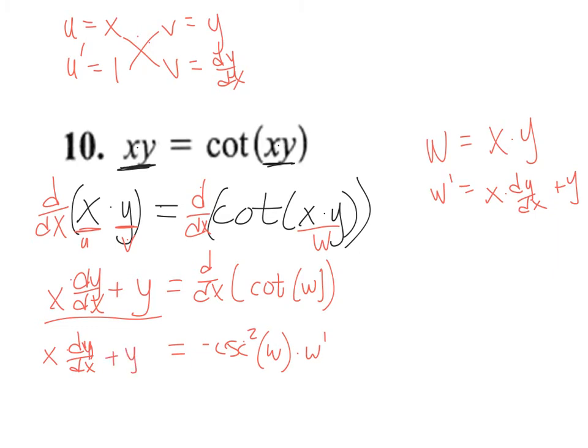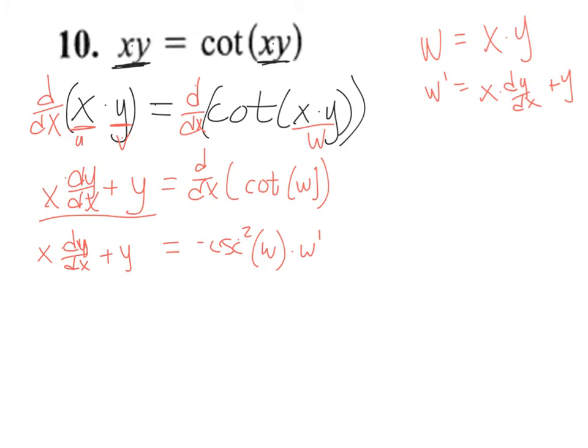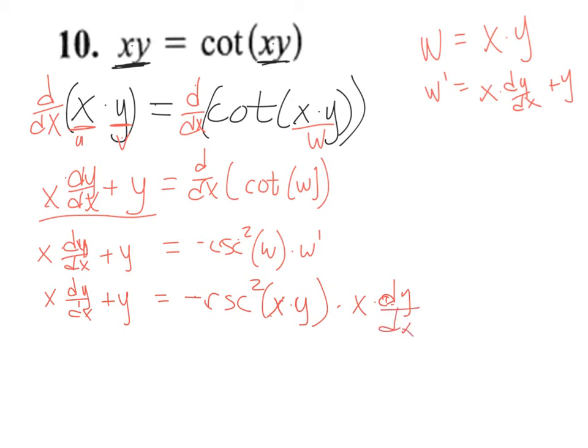We get x dy/dx plus y is equal to negative cosecant squared of x times y, and then we multiply that by w prime, which is x times dy/dx plus y. I've got to put this in parentheses.